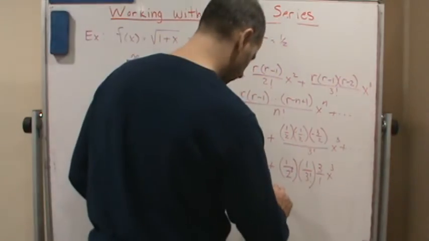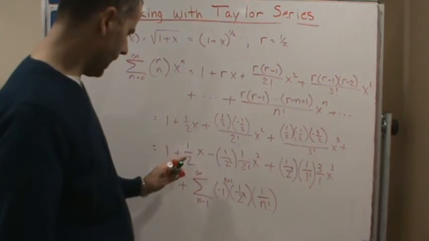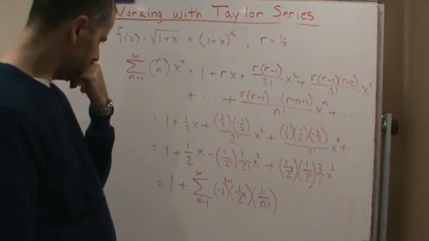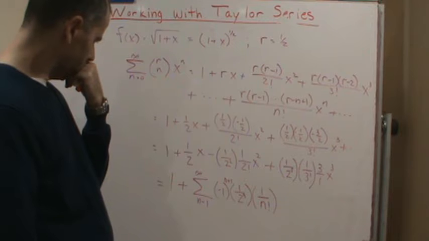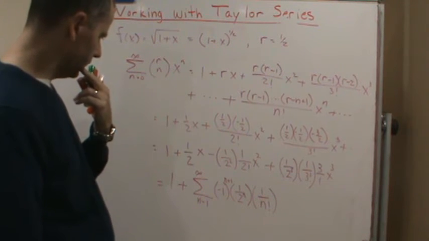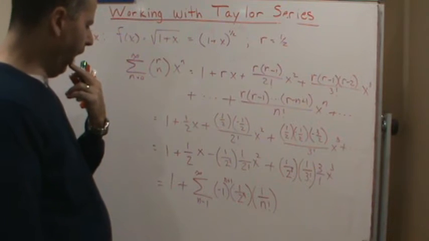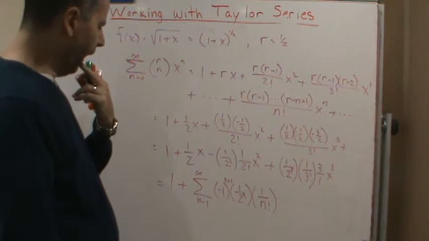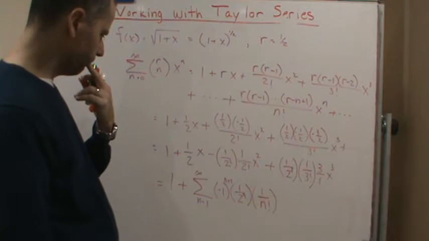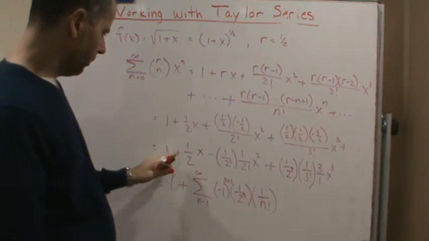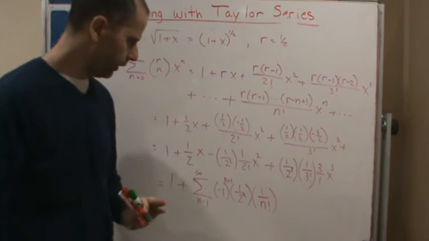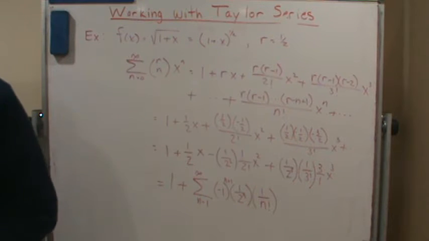And then, what else? Oh, so what's going on here at the top is we got 1, 1, 1, and then 3.